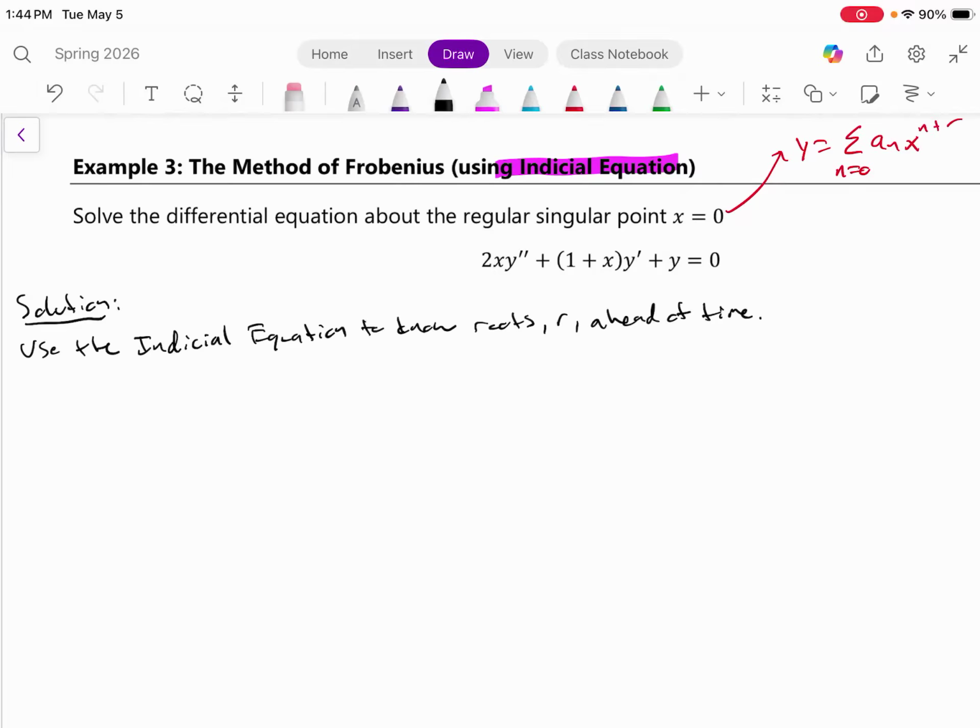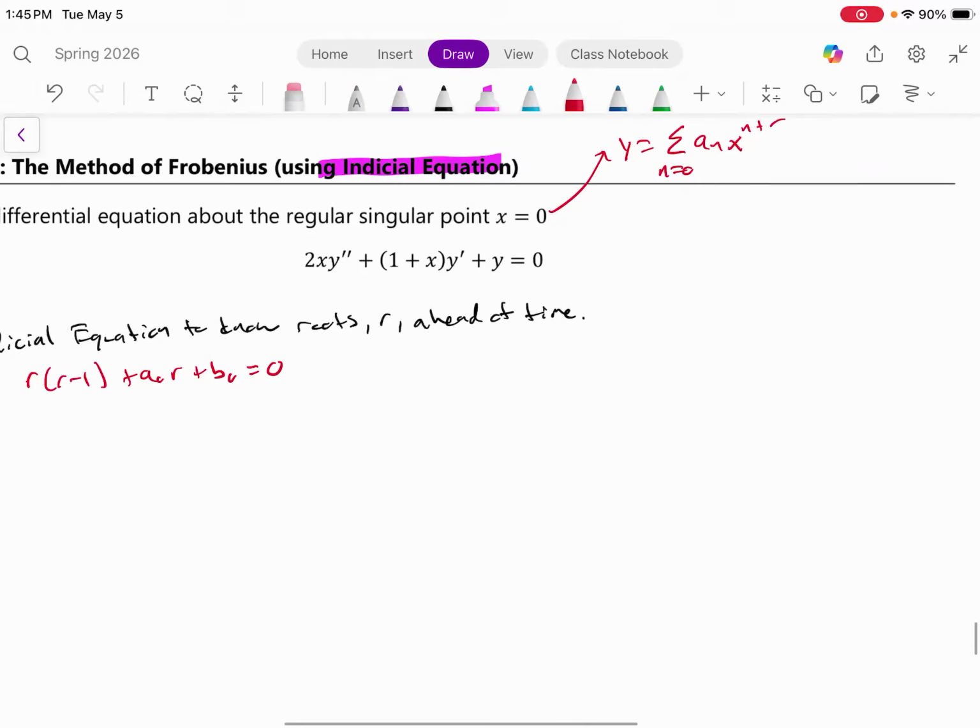Okay, so remember that indicial equation, it's going to be r times (r minus 1) plus a naught r plus b naught equals 0, and we solve for r.